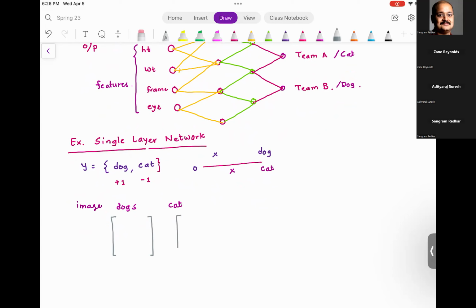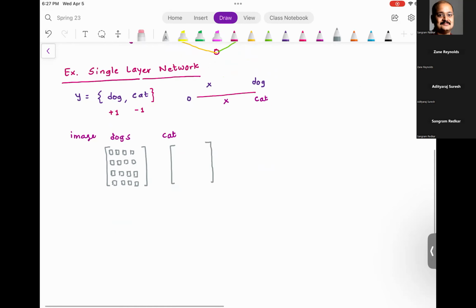What I'm going to do is take each pixel value and stack these pixel values into a tall and skinny array. So what that means is I'm going to arrange this as: this is going to go here.